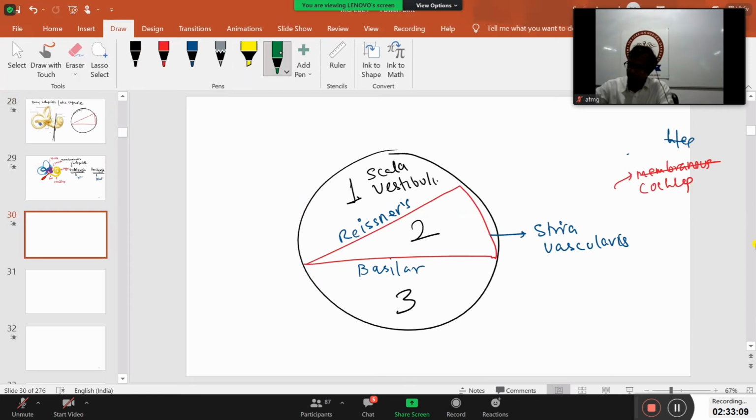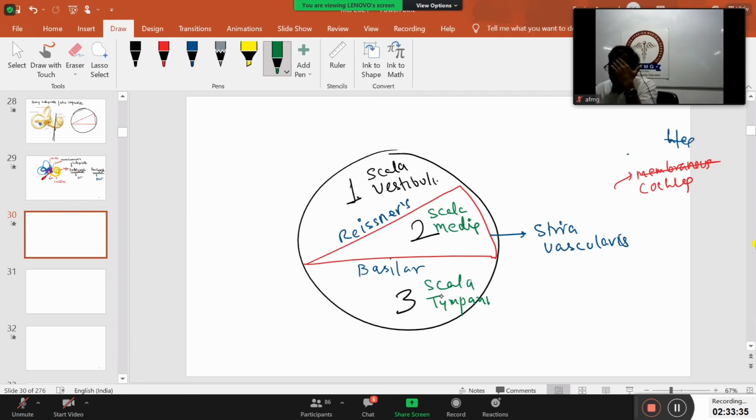And the middle compartment is called scala media. And this is called scala tympani. There are three compartments. From top to bottom: scala vestibuli, scala media, scala tympani. What does the word media mean? Middle. Media means middle, so you know it's in the middle compartment.